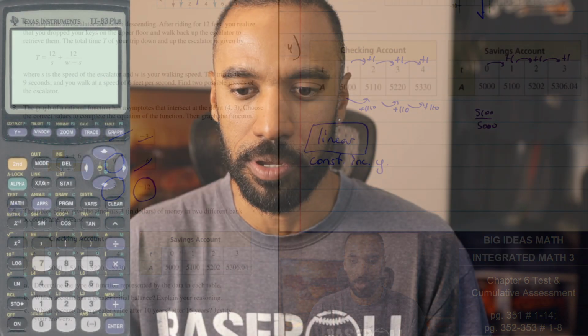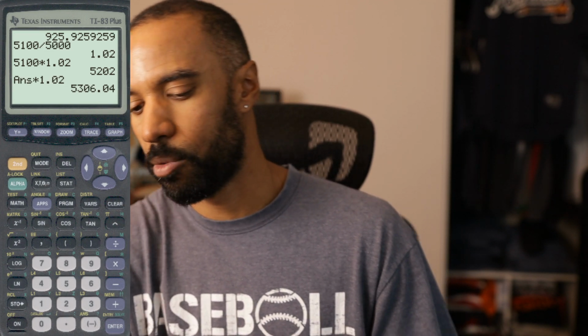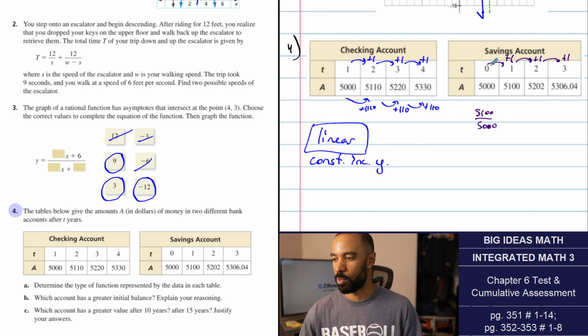If it wasn't, we'd be running into some trouble here, especially with the decimals. But 5100 divided by 5000 is this number 1.02. Now, if you notice, 5100 times 1.02 gives us 5202, and that number times 1.02 should be the 5306.04. So we are multiplying by 1.02 each time, and because we're doing that, that makes this an exponential function.